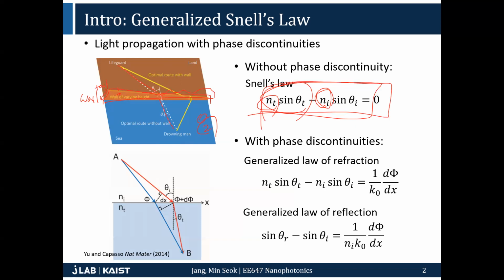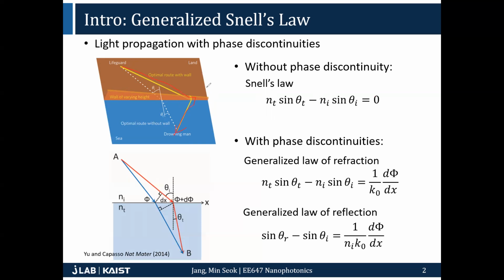And that's it. That was Snell's law. But now we want to take into account the time that a lifeguard moves through this wall. So that's this term. Even though it's extremely thin, it adds a significant amount of time, so that the entire optimization problem becomes entirely different. So now the optimal path is going this way, right?